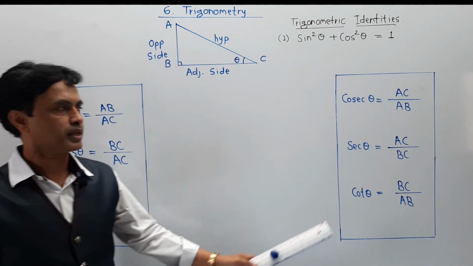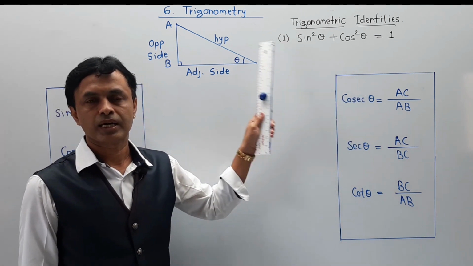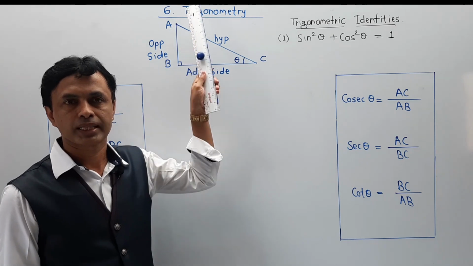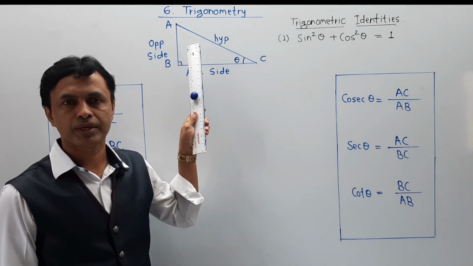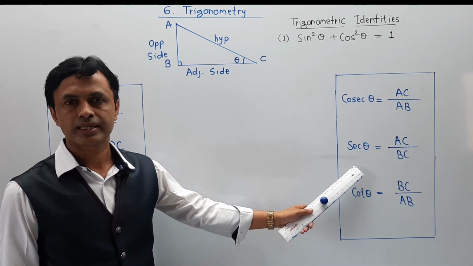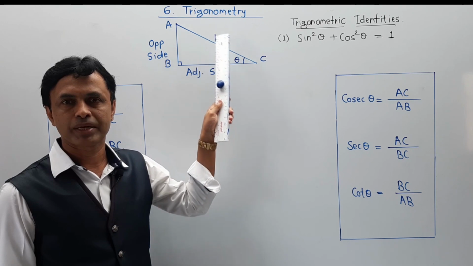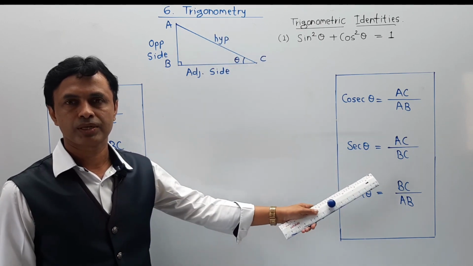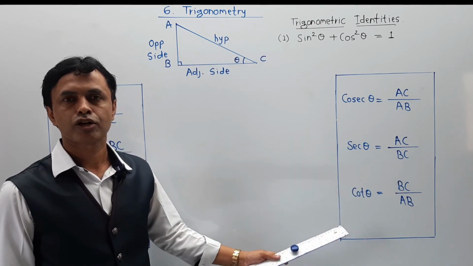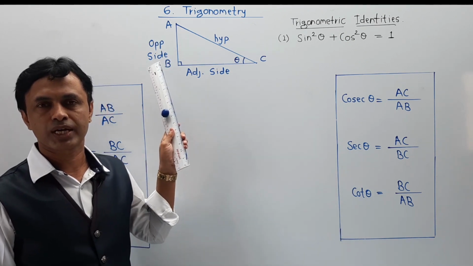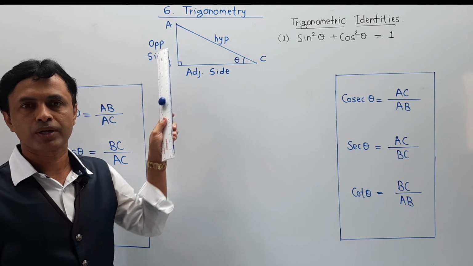In a similar manner, cosec theta is hypotenuse upon opposite side, AC upon AB. Next, sec theta is hypotenuse upon adjacent side, AC upon BC. And last, cot theta is adjacent side upon opposite side, BC upon AB.